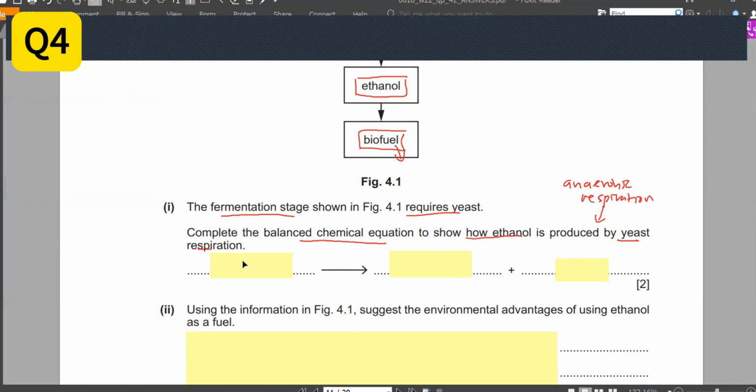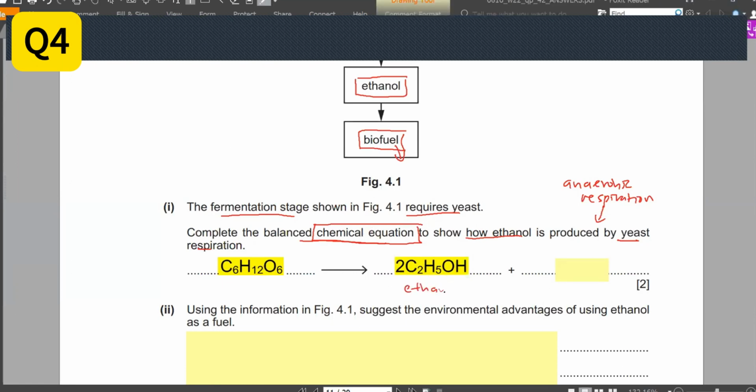So the main components of the equation: we start with glucose. We want a chemical equation, which means we need to recall the chemical formula. We cannot give the word equation; we must give the chemical formula. So sugar will produce ethanol.